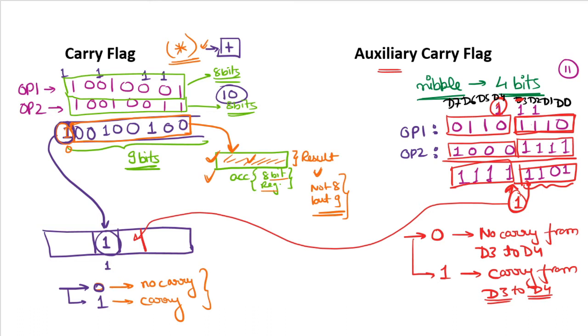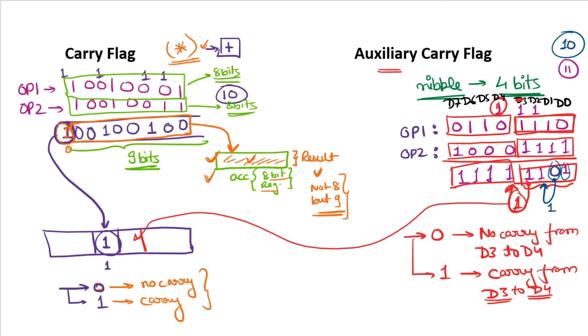So what is this D0, D1, D2, D3? They are nothing but a way to represent the position of bit. And what is this one coming from lower nibble to upper nibble? Like we already saw, 1 plus 1 is 2, which is 1 0. So we can say that one bit was carried from, let's suppose this is D0, this is D1, from D1 to D2.